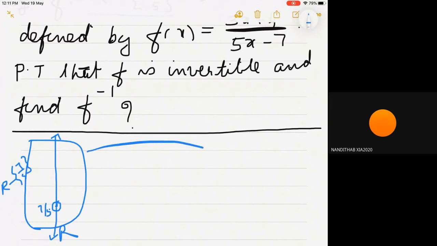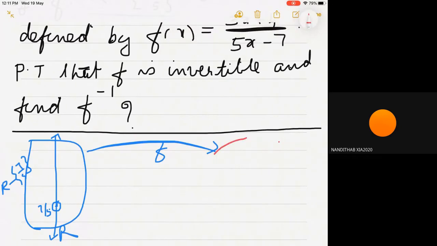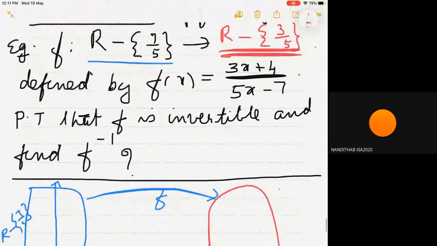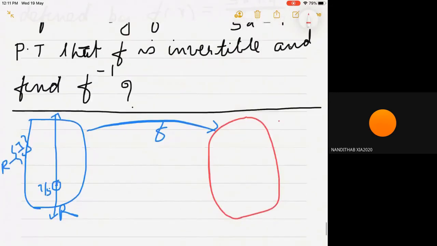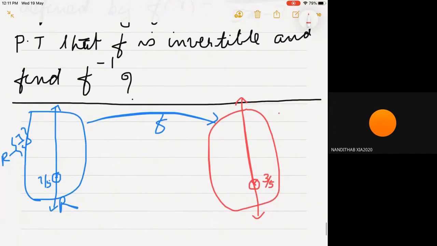The function is defined from this set to another set, that is the codomain, and the codomain is also a set, R minus 3 by 5. So from the real numbers one number is removed, 3 by 5 is not there, and all the other real numbers are there.